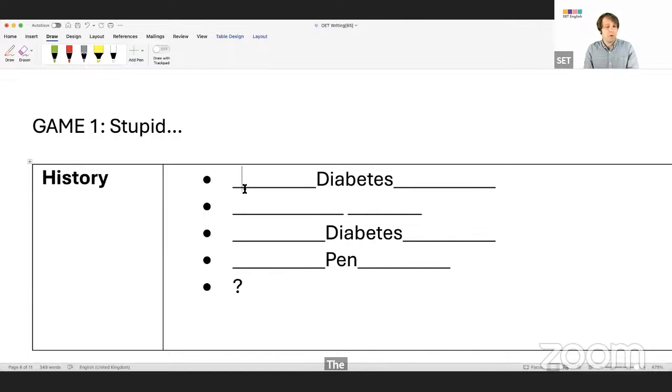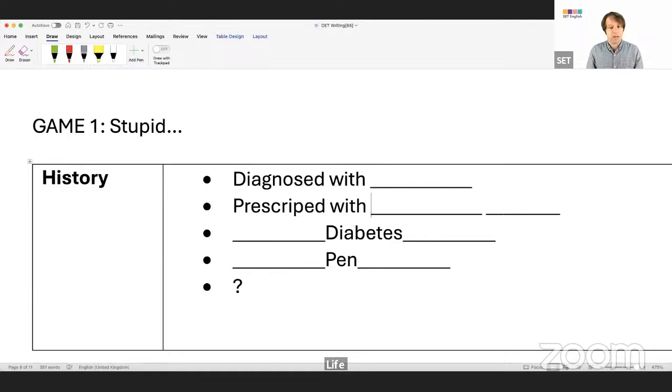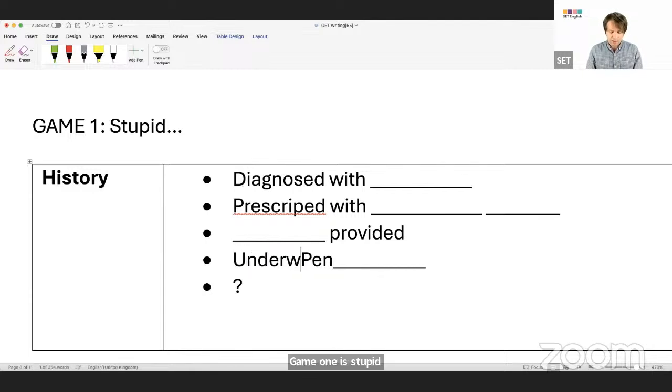In OET, they will always say something like diagnosed with, and then they'll say prescribed with, and then they might say provided, and then they might say underwent. These words, we really need them, don't we?